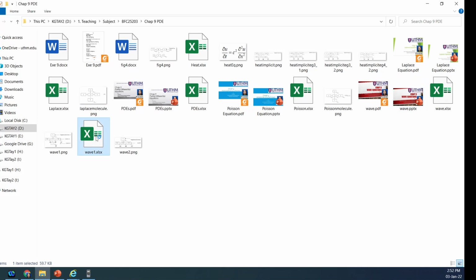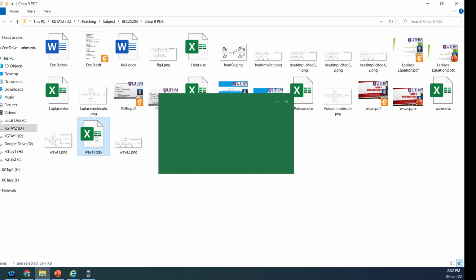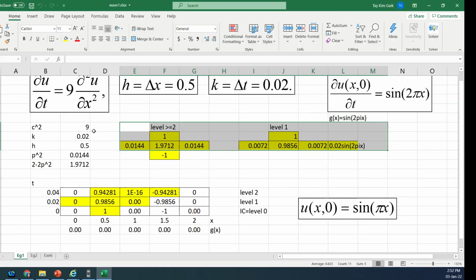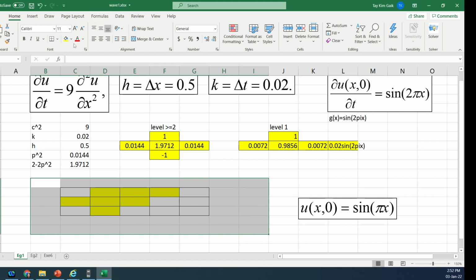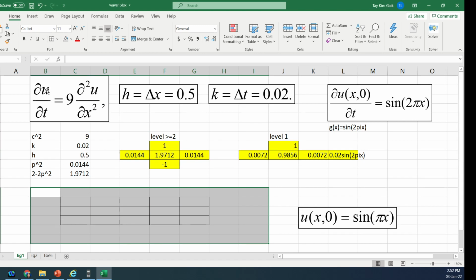Using this one. Okay, this one I erase. So the example 1, you have del u del t equal to 9, del 2u del x2. So c squared is 9. k is 0.02, h is 0.5.